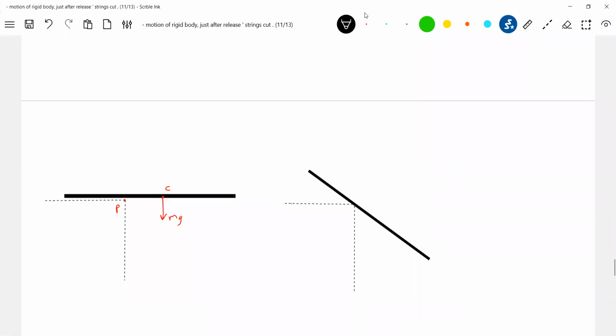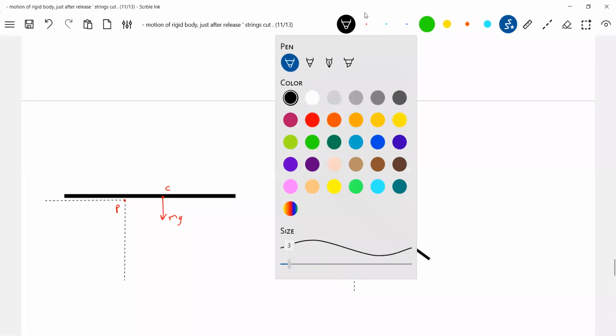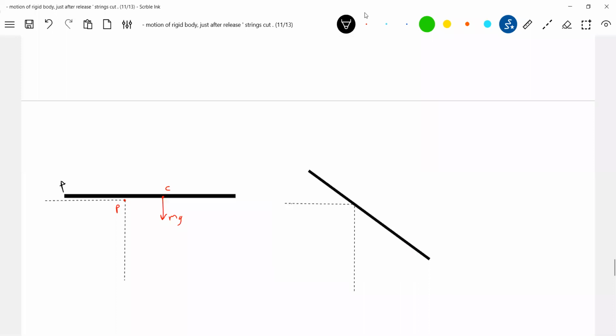So which point of the rod was in contact? Let me take this as A, and this B. The point D was in contact. So still only the point D will be in contact.